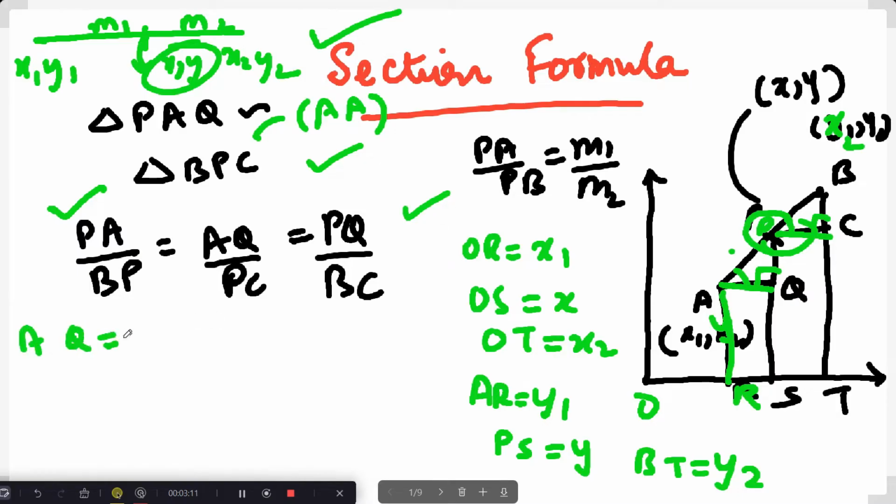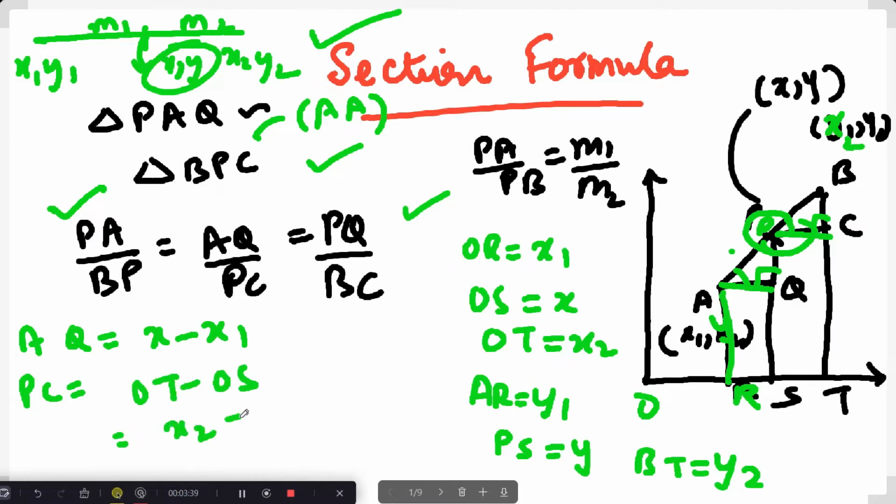What is AQ? AQ is equal to RS, right? What is RS? OS minus OR, right? X minus X1. That's what AQ is. What is PC? PC equal to OT minus OS.